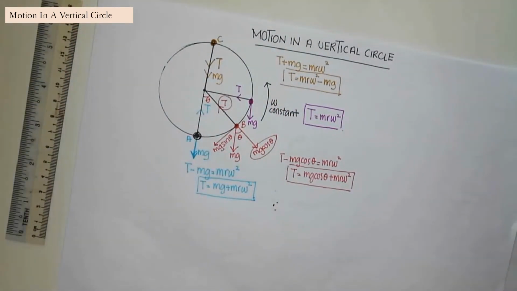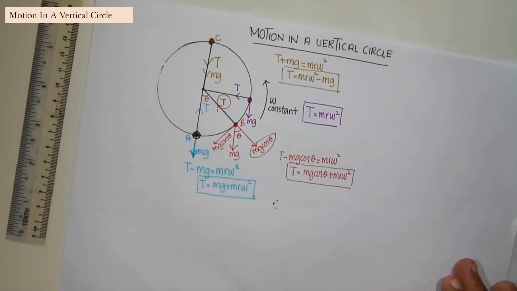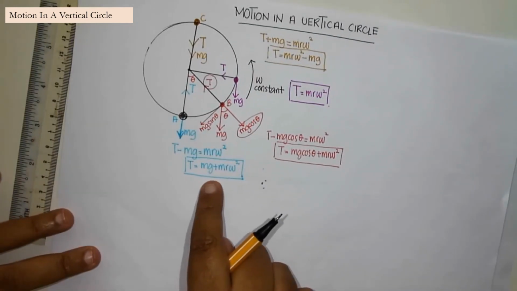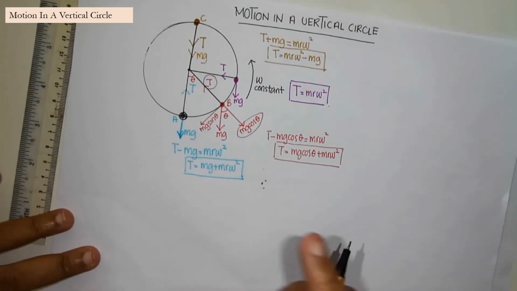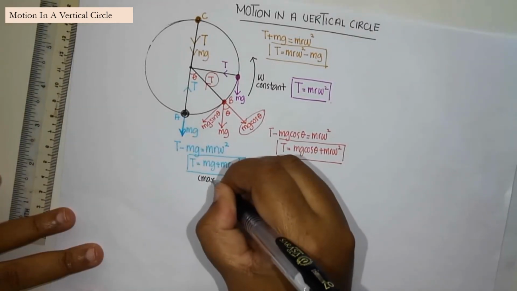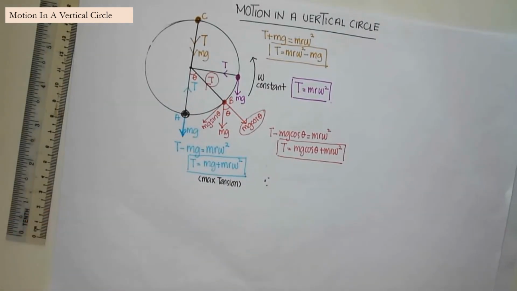So you see, when it's in the vertical circle, we have different tensions that are experienced by the stone. Here it experiences mg plus mr omega square, where here will be the maximum tension at position A. Agree?